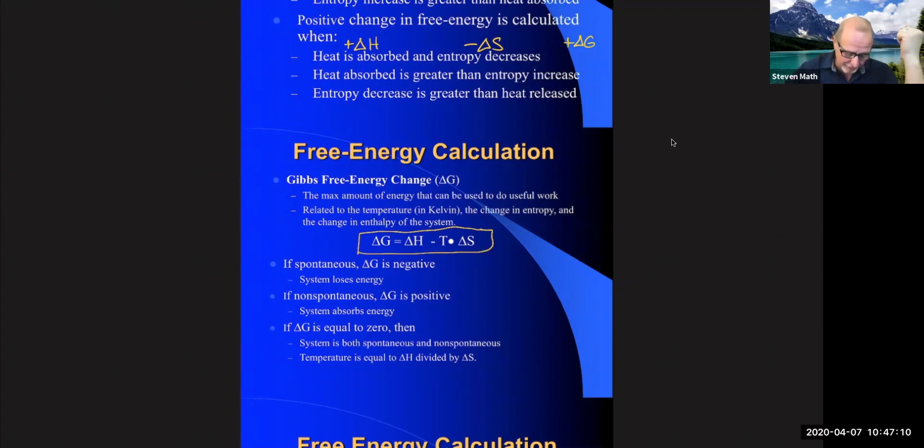It's spontaneous if G is negative, non-spontaneous if G is positive. If G is 0, then the system is both spontaneous and non-spontaneous. It's flipping back and forth and doing both things.